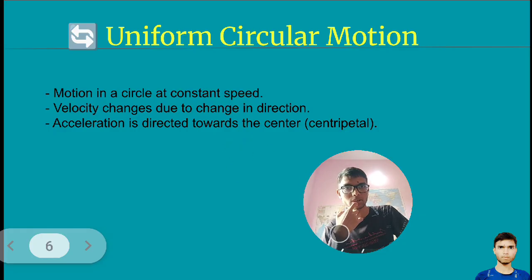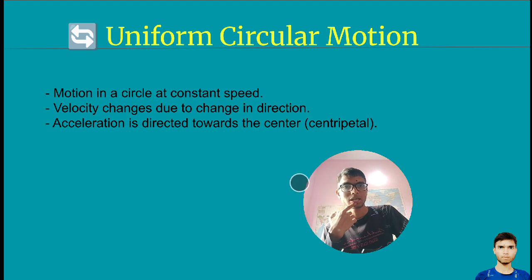This is a circle, as you can see, and on the circumference of this circle an object is moving like this. If the speed of this moving object is changing, then we will consider this type of motion as non-uniform circular motion. If the speed of this moving object is constant, then we will consider this type of motion as uniform circular motion.